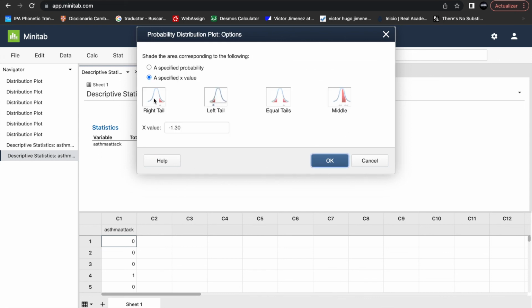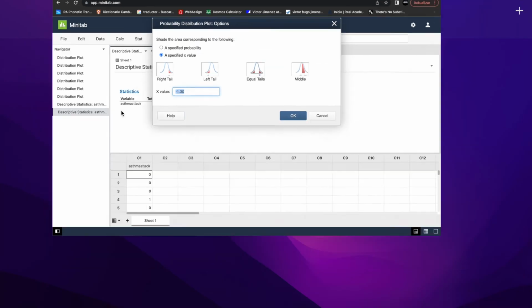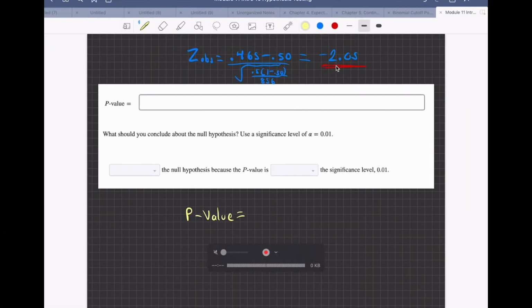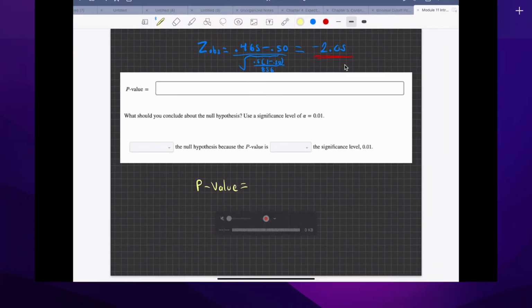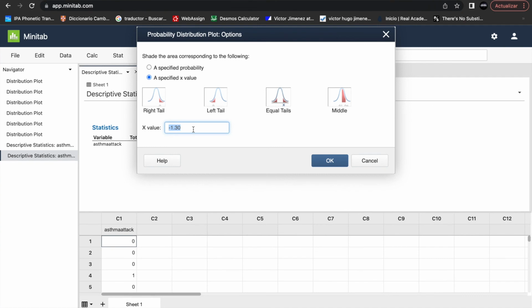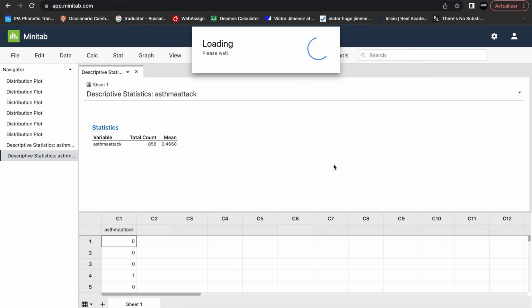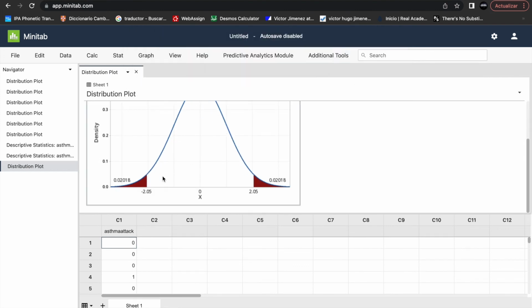Options, here choose the option equal tails because the alternative is different. Type the value we found before, the value for the test statistic, negative 2.05. Type only that, negative 2.05. Okay, and then okay. And you are going to be given this.